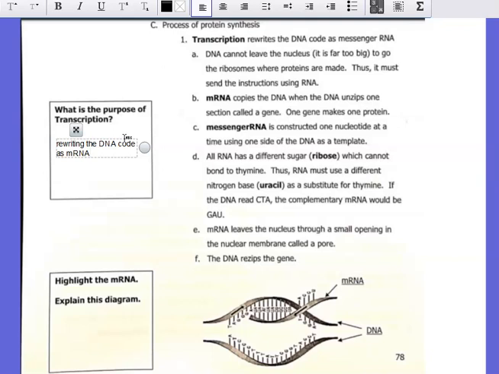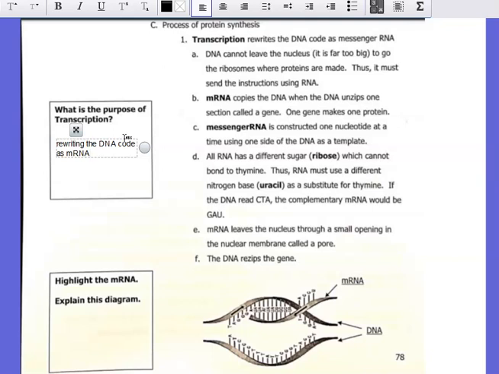It sends its instructions. So think about if Mr. Legrand is our nucleus, he doesn't always go to every single teacher to give instructions. He might send out an assistant principal to give us instructions instead of him leaving his office. Same idea here.